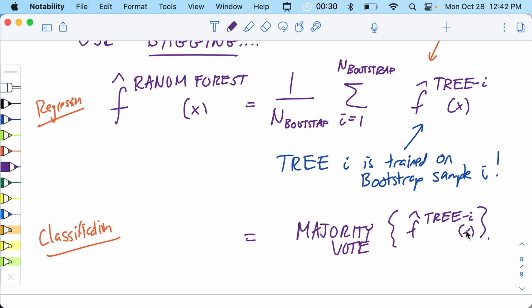So instead of averaging the numbers, if 50% of the trees say it's a Gen 2 penguin, then they win the vote, and that's what you say it is.